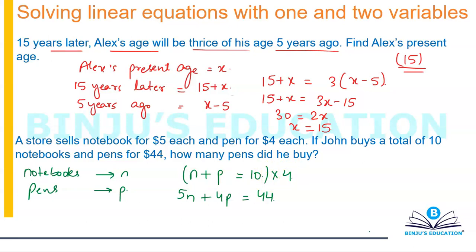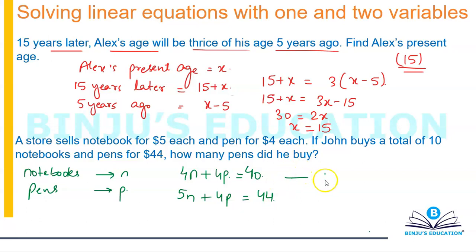If I do that, then I'm going to get 4n plus 4p is equal to 40. Now I can subtract the second equation from the first, or you can do it the other way around also, that's completely your call.